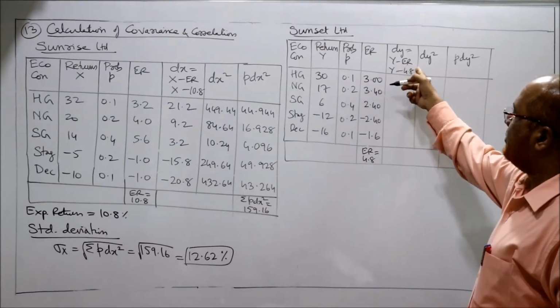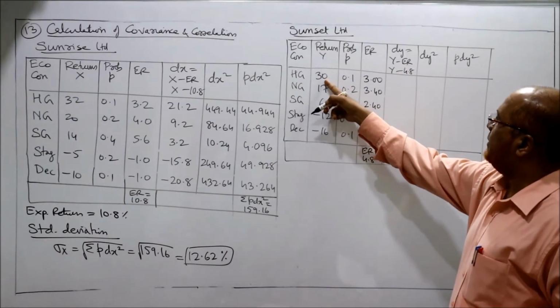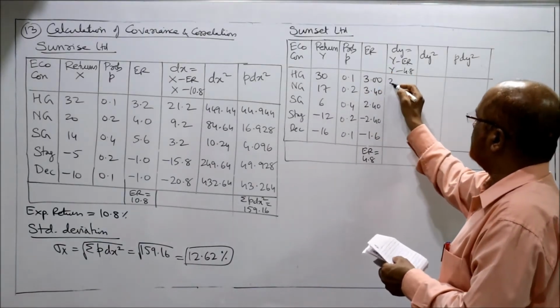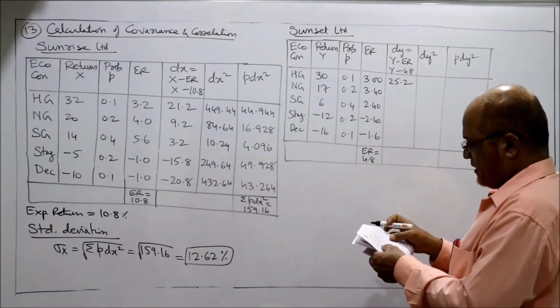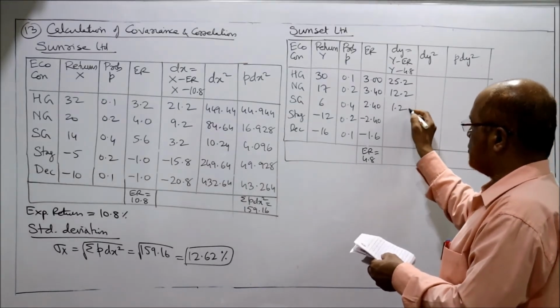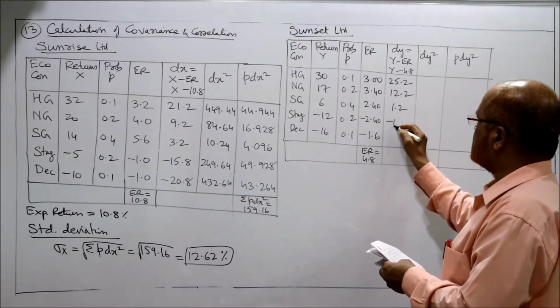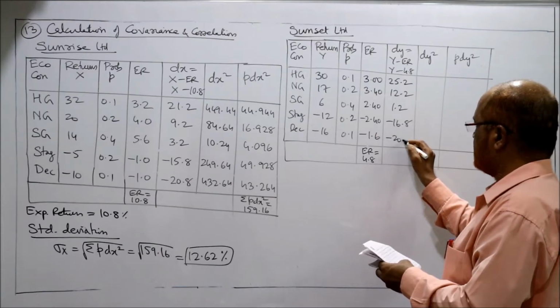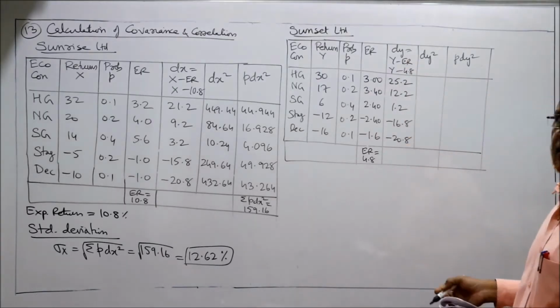Now, Y minus ER: 30 minus 4.8 is 25.2. Then 12.2, 1.2, minus 16.8 and minus 20.8. We have taken the deviations.